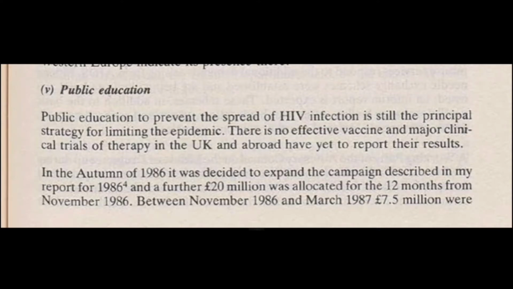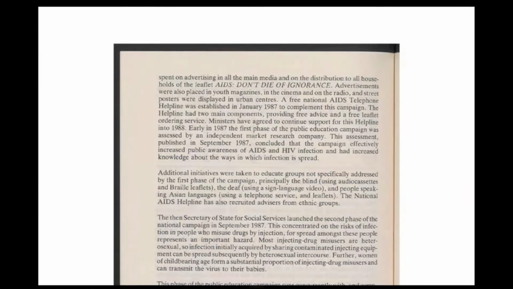A further 20 million was allocated for the 12 months from November 1986. Between November 1986 and March 1987, 7.5 million were spent on advertising in all the main media and on the distribution to the households of the leaflet that we looked at.